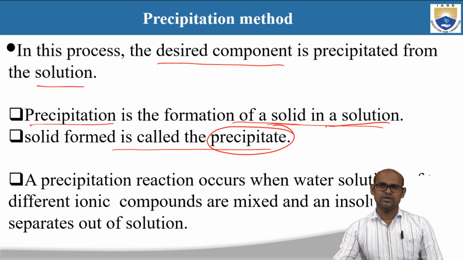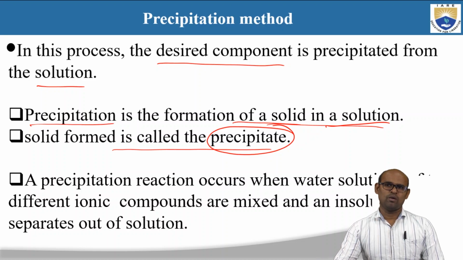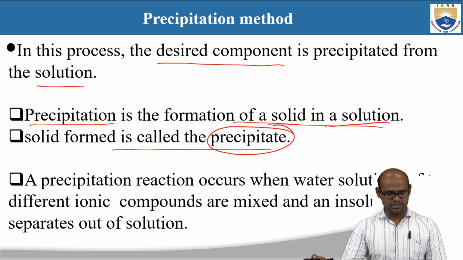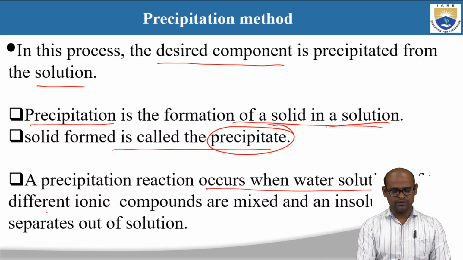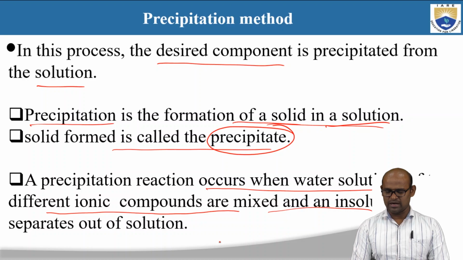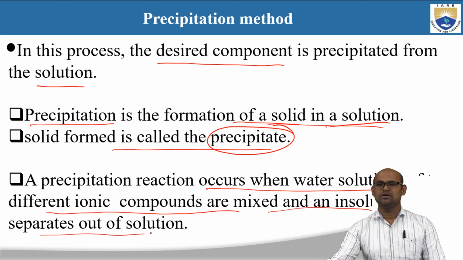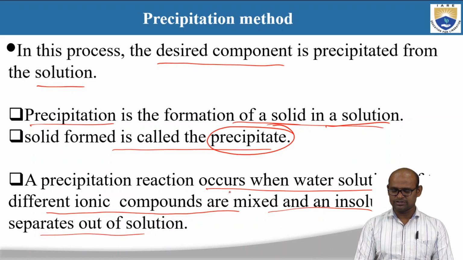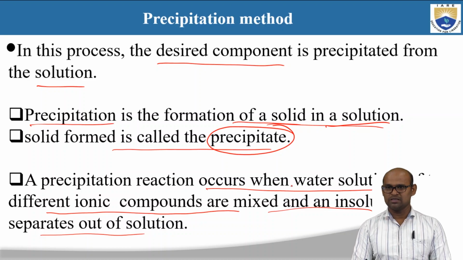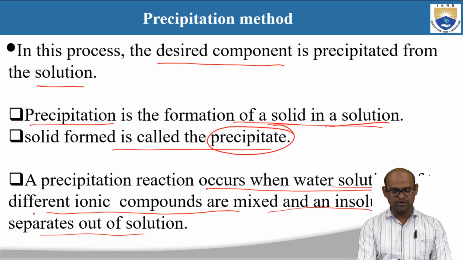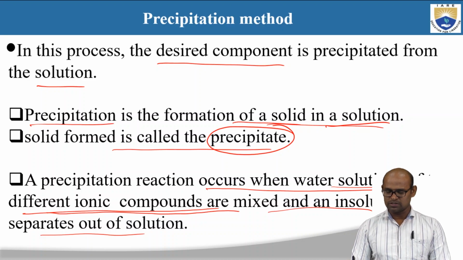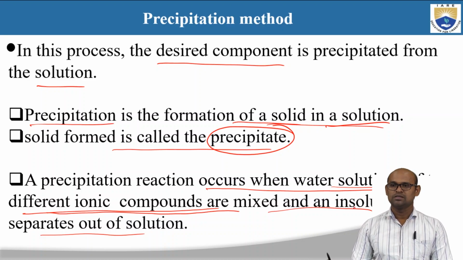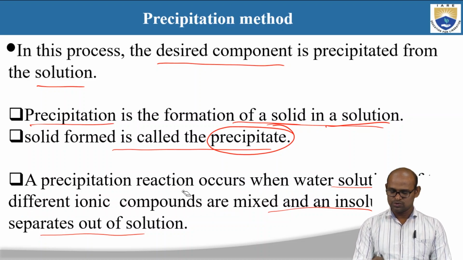First we need to prepare a solution, and in the solution we are going to see the formation of a solid, which is called a precipitate. A precipitation reaction occurs when the water solutions of two different ionic compounds are mixed and an insoluble solid separates out of the solution.